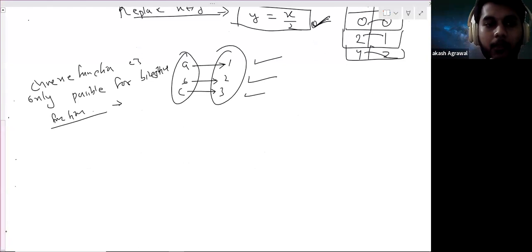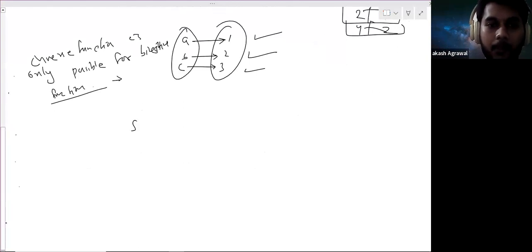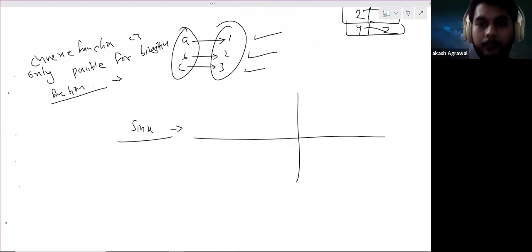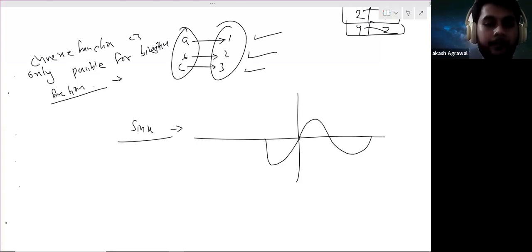Let's see now inverse trigo functions. Do you know the graph of sin x? Like this, right? Can you tell me if this is a bijective function or not?